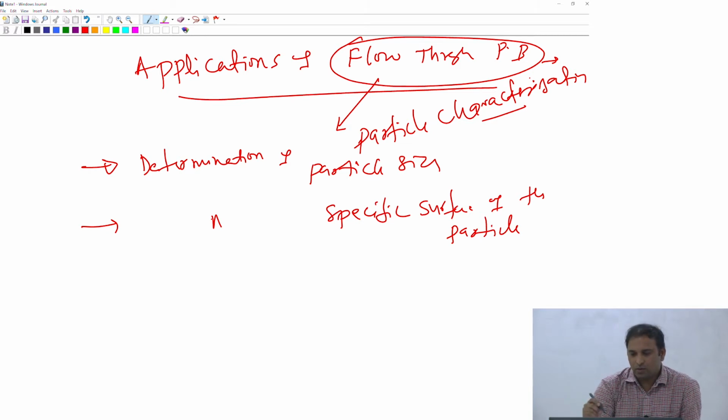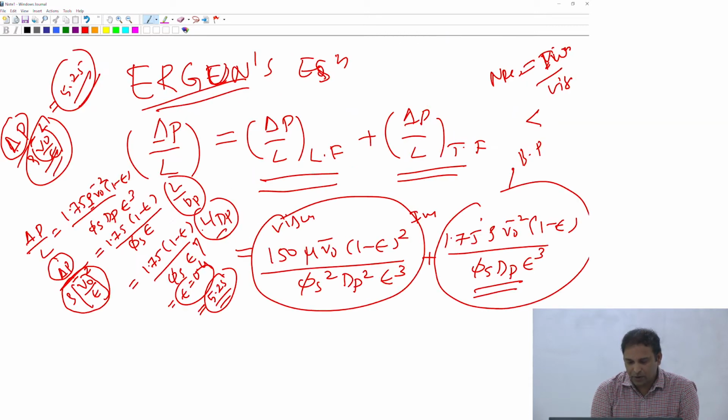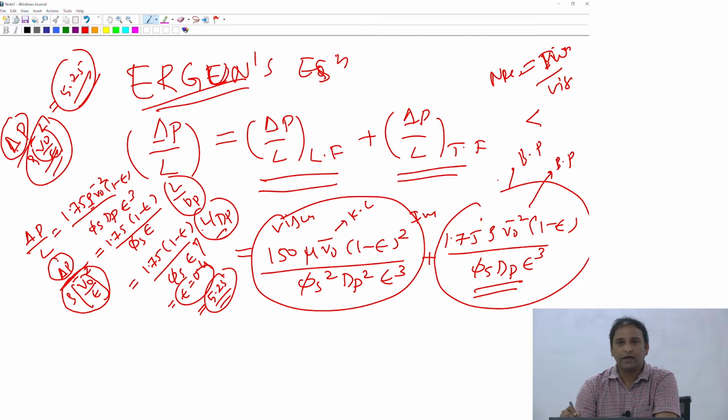So in doing this particle characterization, what is actually exploited is this Ergun equation. This is the Kozeny-Kármán term, and that's the Burke-Plummer term, right.